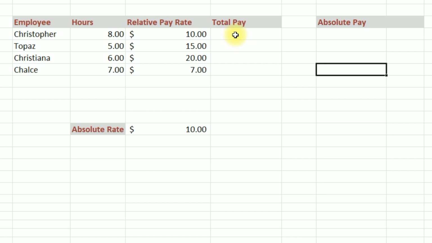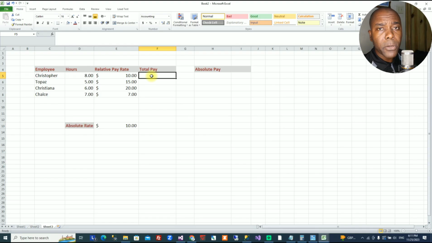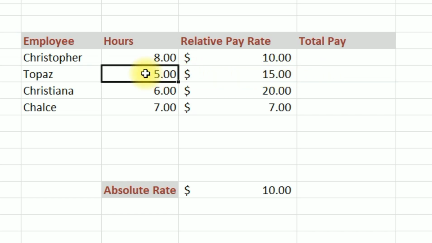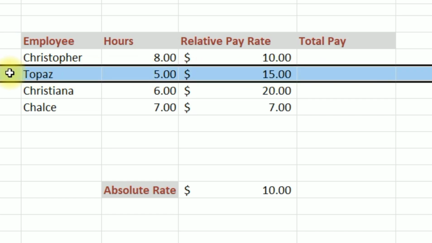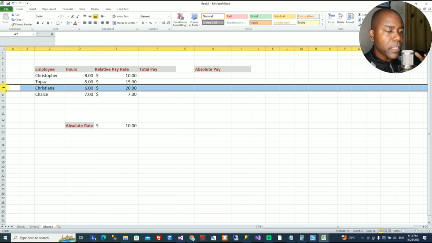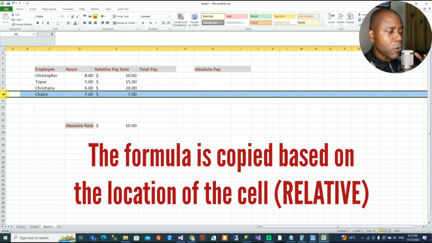And whatever formula I put for the first person, I'm going to copy it down, meaning the formula must be copied relatively. In terms of if I'm on F5 and I put the formula in this column, which is F6, it must use the elements that are found in row 6. That's relative. It keeps moving relative to where the information is and copies the formula down.